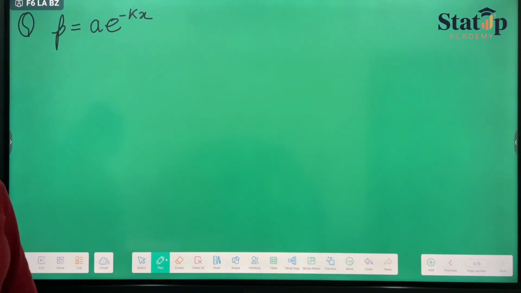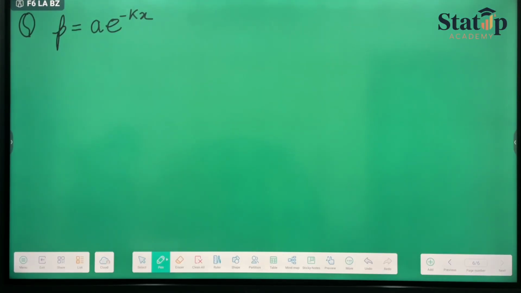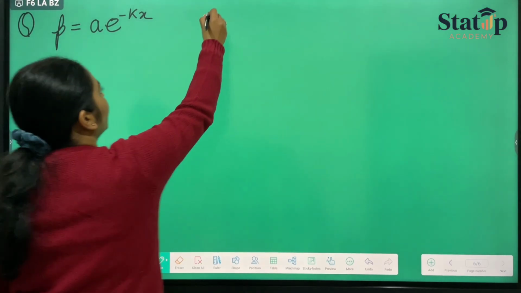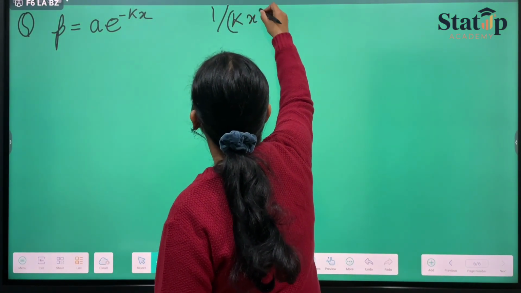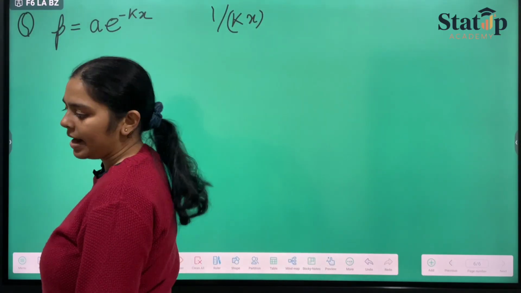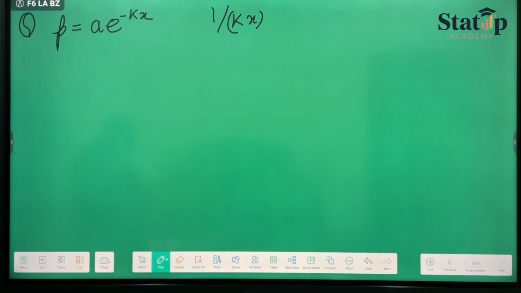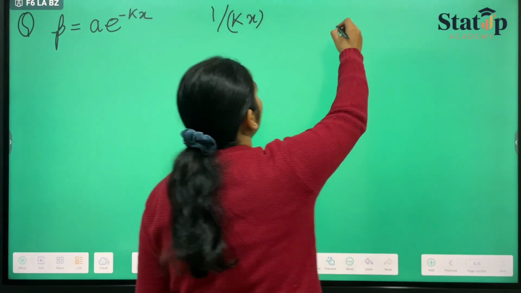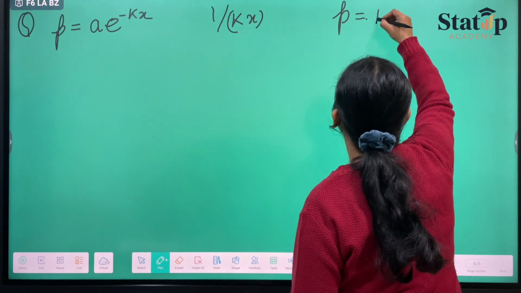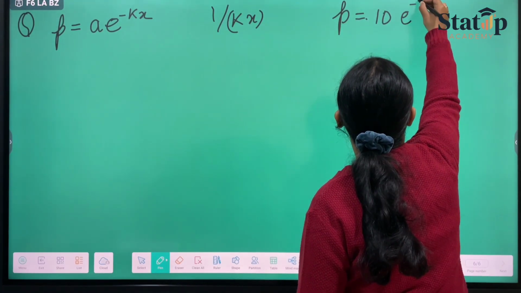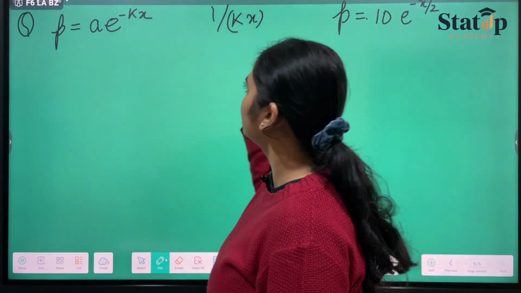This is the price function, and we have to prove that the elasticity of demand is 1 upon kx. We have to prove this, and then we have to reduce the demand curve for p equals 10 e raised to the power minus x by 2.